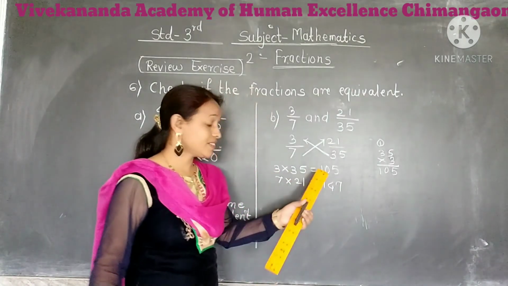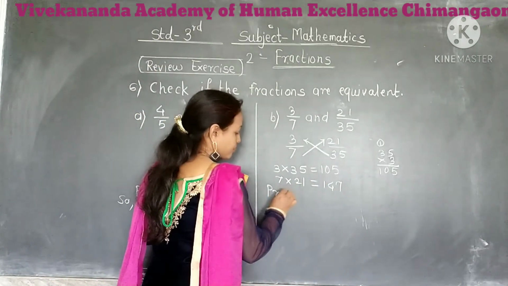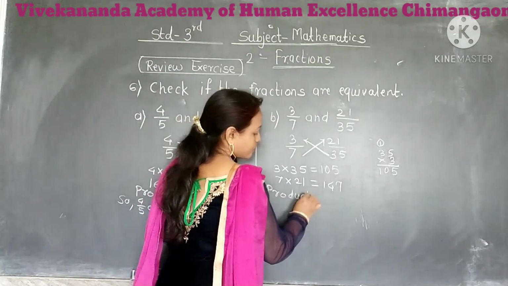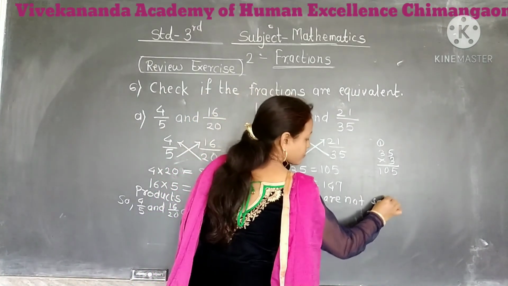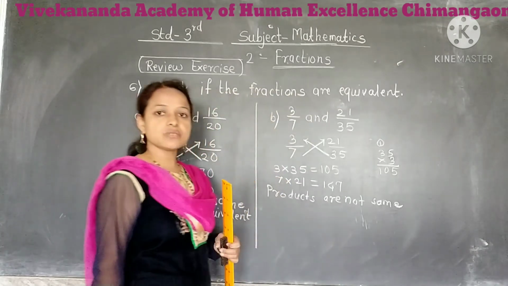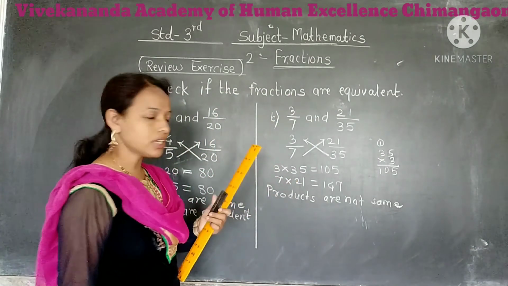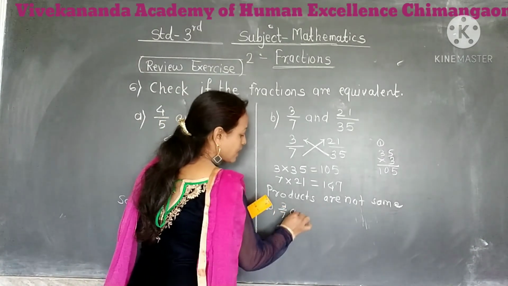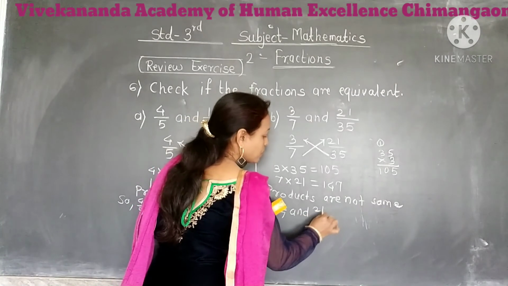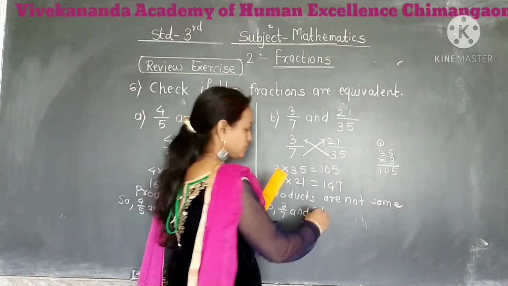So if you observe here, the products are not the same. So in this case, if products are not the same, then the given fractions are not equivalent. So 3 upon 7 and 21 upon 35 are not equivalent.